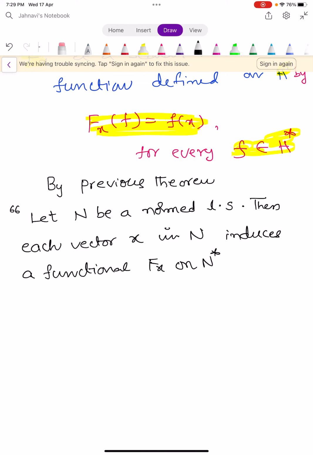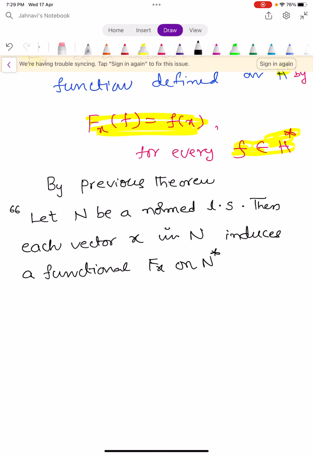Further, it satisfies one more condition. Then the mapping capital J that maps N into N double star, defined by J of x is equal to Fx for every x belonging to capital N, gives an isometric isomorphism of capital N into N double star.